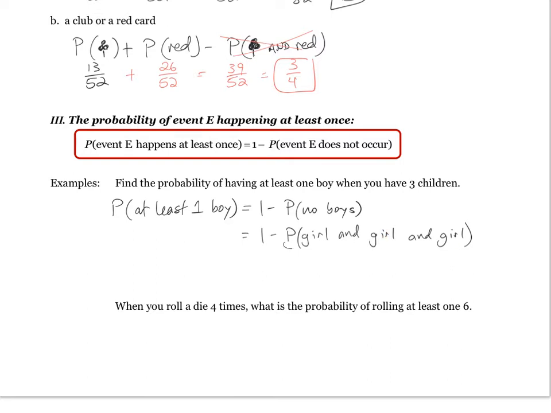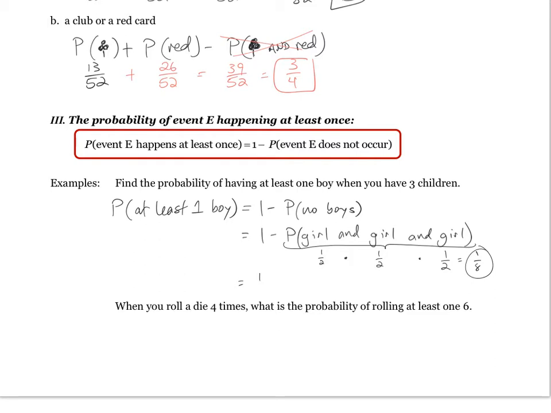So let's just concentrate on this bit for right now. The probability of having a girl is 1/2 times the probability of having a girl is 1/2. Okay, 1/2, all right. We can multiply all of the numerators together to get 1. We can multiply all of the denominators together to get 8. So the probability that you get no boys out of 3 children is 1/8.